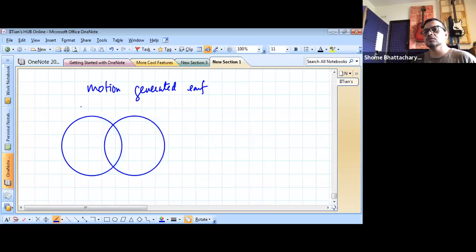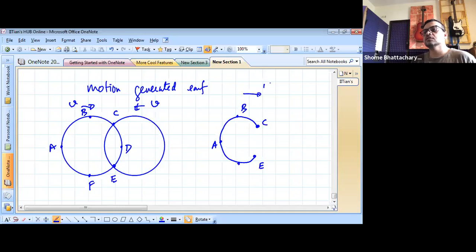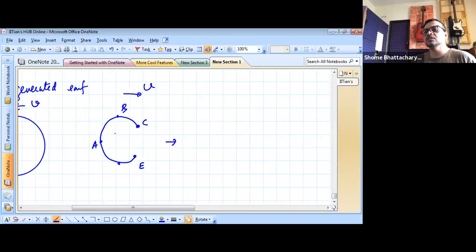So what you do is, for example, this section that we are taking, first just consider this thing moving like this, inside a magnetic field.